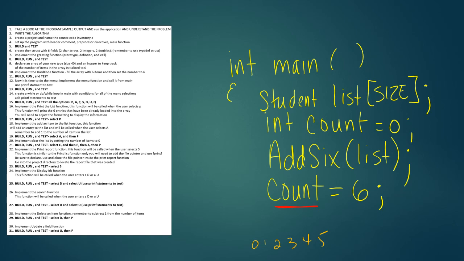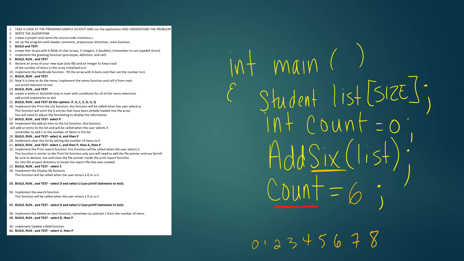If you have 5 items in your list, count would then be 5, and they would be at indexes 0, 1, 2, 3, 4. If you have 9 items in your list, then count would be 9. So the requirement for this assignment though is to add 6, and then you assign your variable to be 6 after you've added them in.